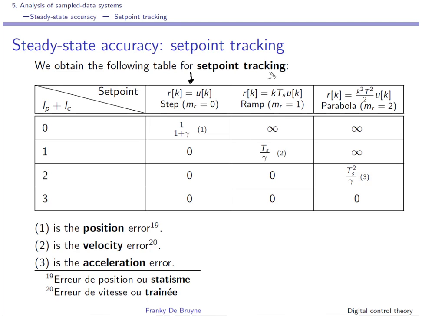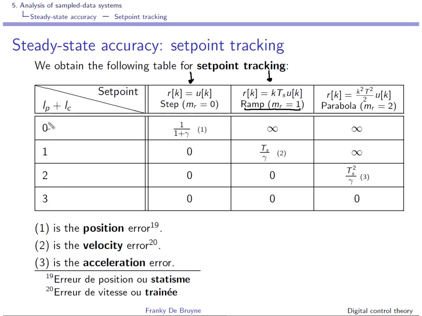If we now consider the second column, the third column we will not consider because in practice, well, this does not have much use. If we now look at this second column, well, if you want to be able to track a ramp set point, and you want, of course, a 0 steady state error, then you need at least 2 integrators in the loop.